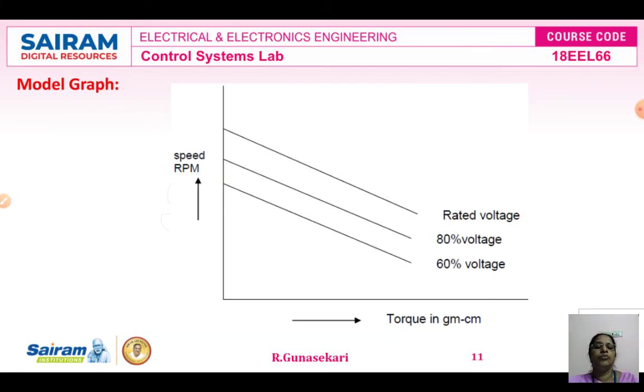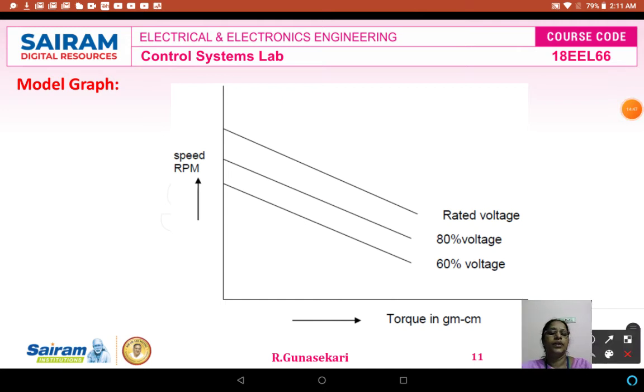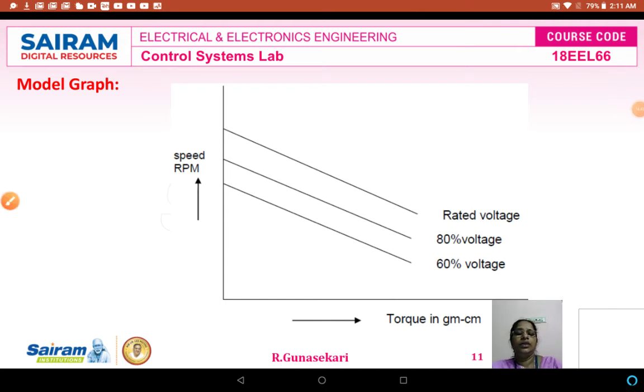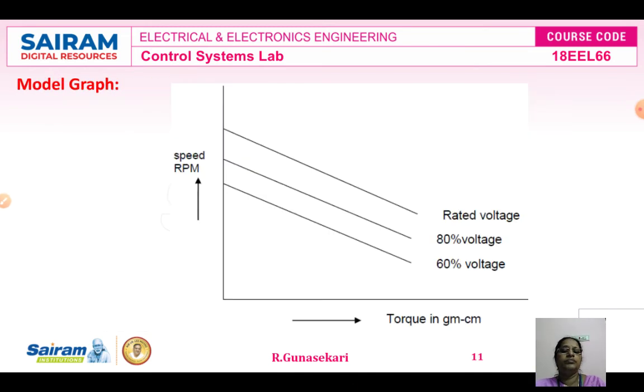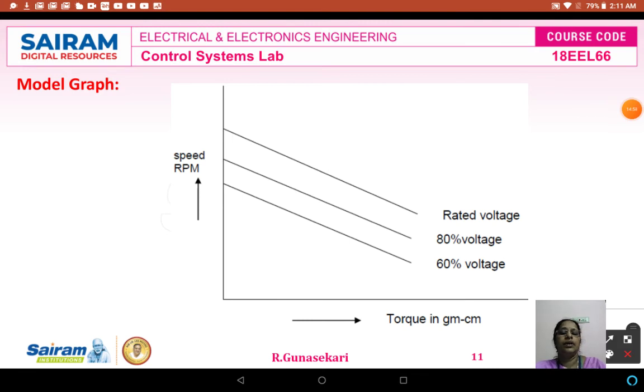This is the model graph. The x-axis is torque in gram centimeter, the y-axis is speed in RPM, for 3 sets of voltage.